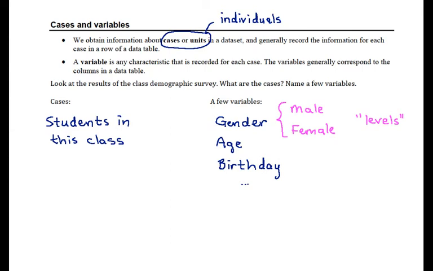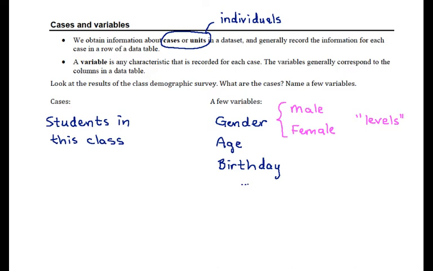Male versus female is a variable. Male is not a variable. Female is not a variable. These are levels of the variable called gender. So anytime we're asking about what a variable is, we want to make sure we're getting the more broad heading, not an individual value that that variable might take on.